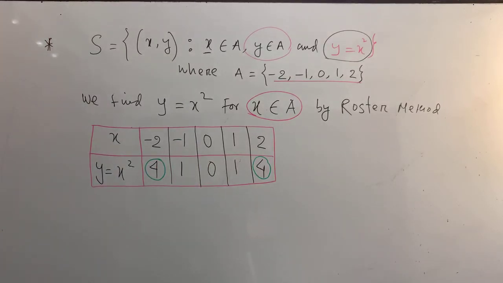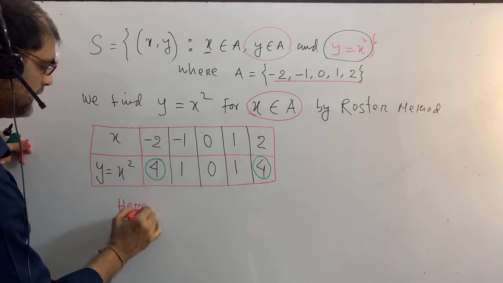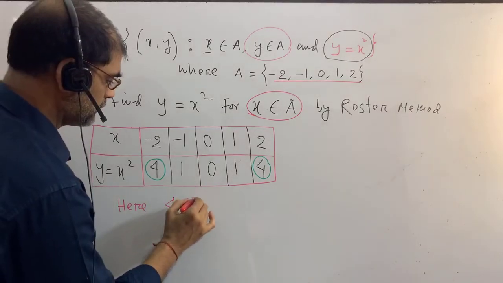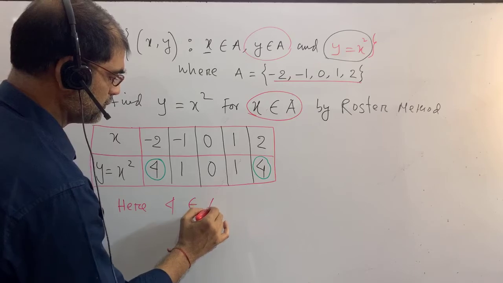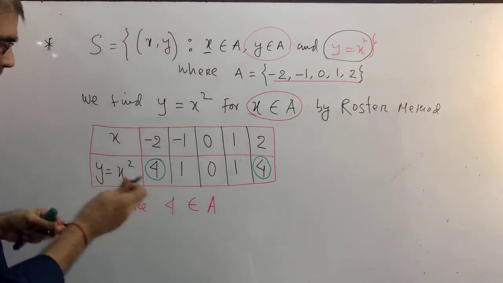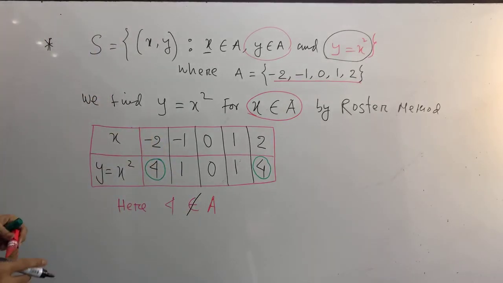So we can write here, you write down here, 4 does not belong to A. I am using another marker. So 4 does not belong to A, right?